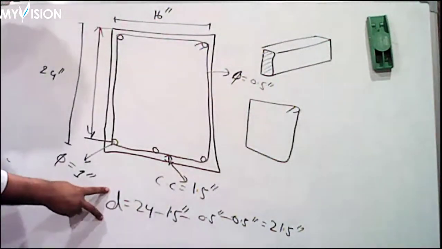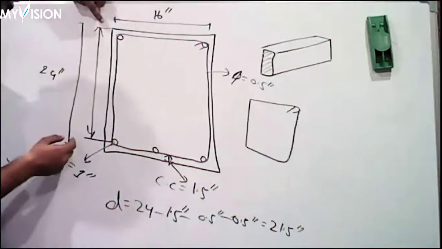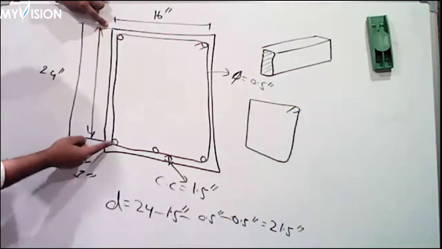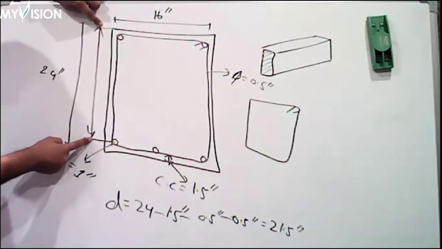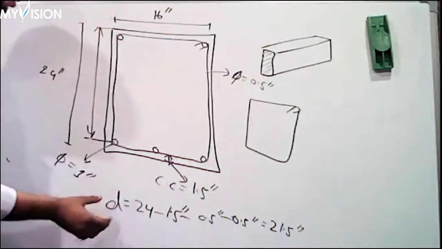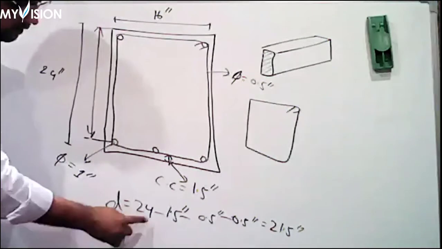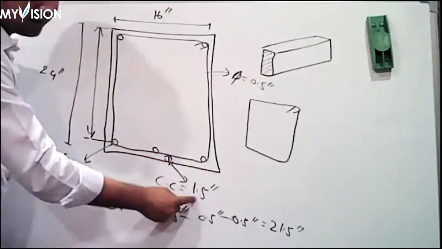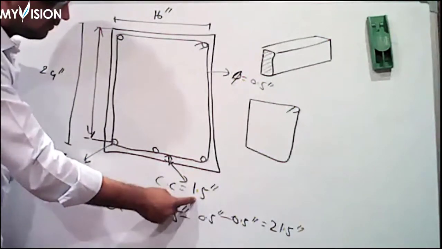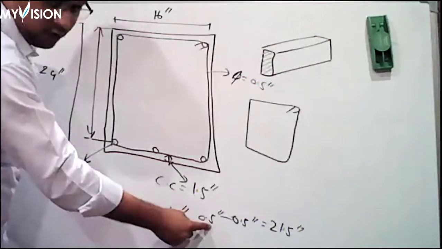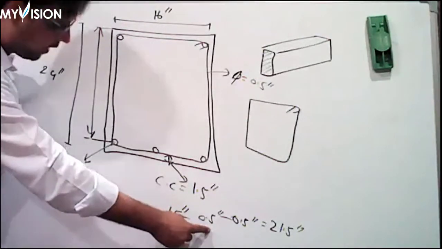So effective depth is basically from this top surface to the center of the steel. From the top surface to the center of the steel is basically the stirrup. So d is equal to 24 minus this complete cover, that is 1.5 inch minus 0.5 inch. What does this 0.5 inch mean?